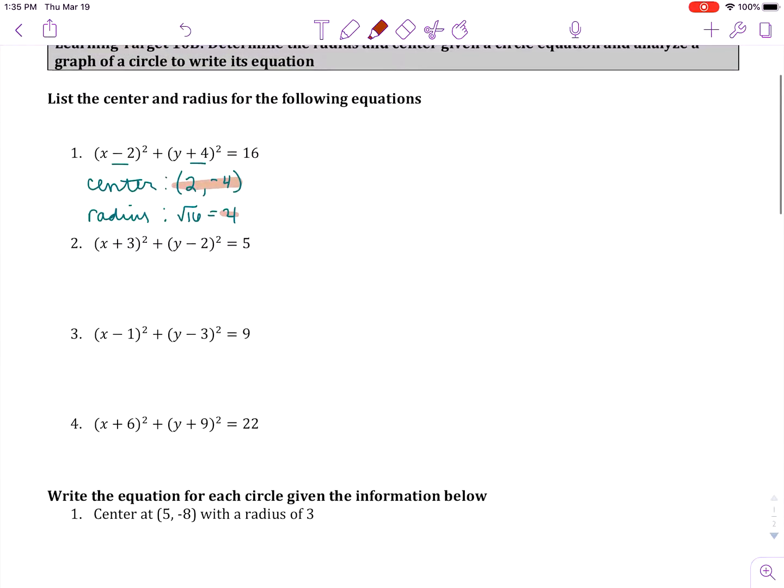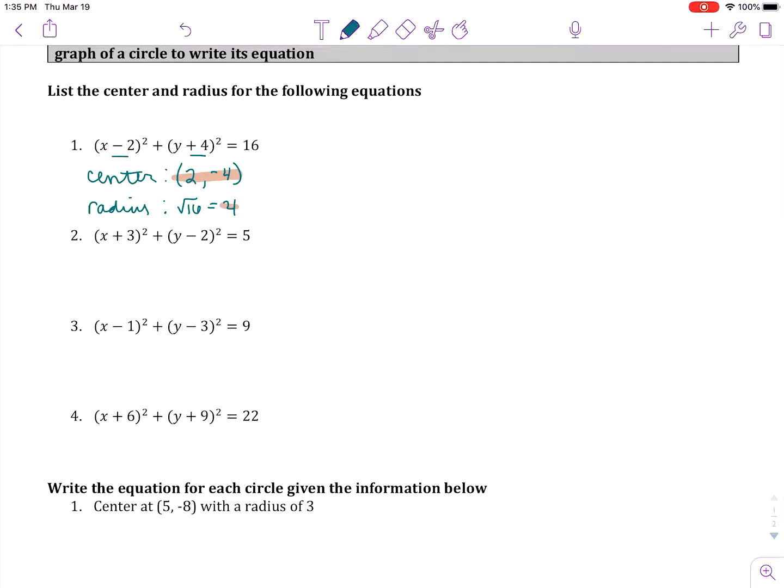I'll do one more with you. If we go ahead and look at number 2. Alright, so the center is going to be negative 3 comma 2, my signs are the opposite, and then my radius is the square root of 5.